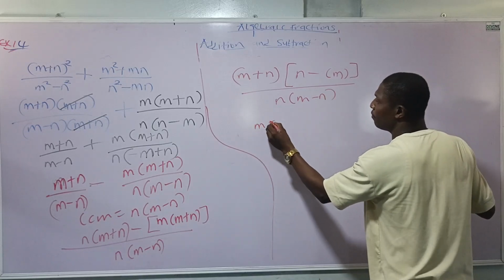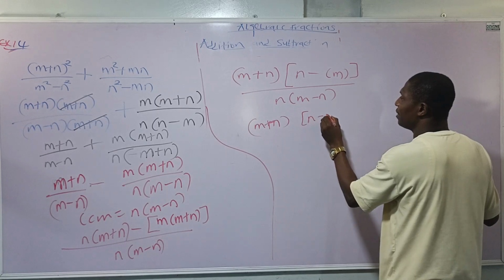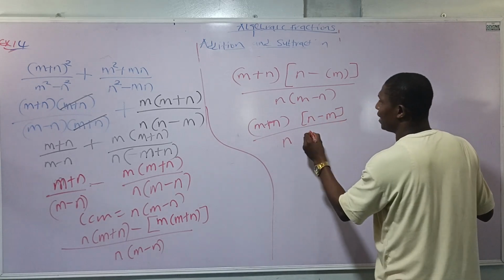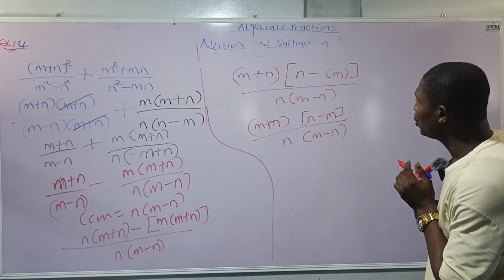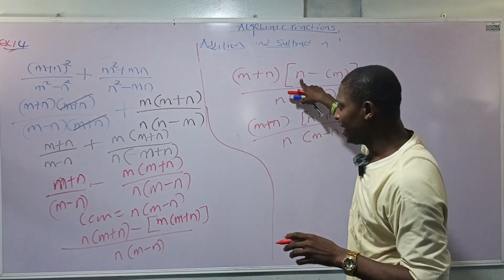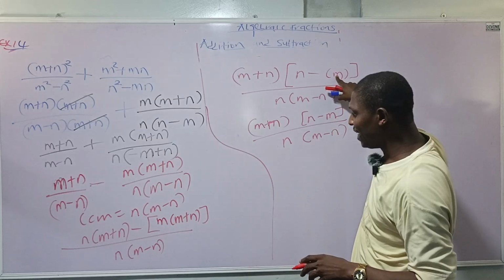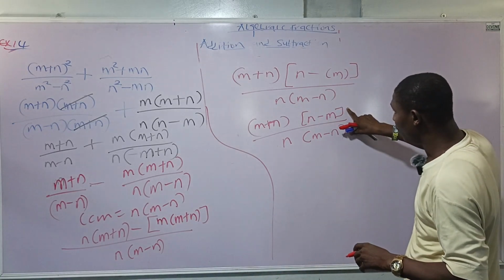So I have (m plus n)(n minus m), close bracket, all over n(m minus n). Now check. (m plus n) multiplying n gives me this, and (m plus n) multiplying m gives me this. So this step is correct, and this is equally correct.